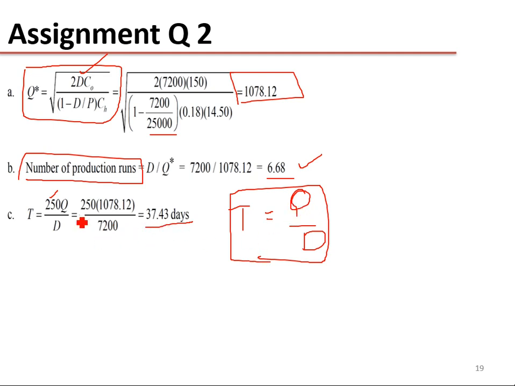Now if you calculate the number of days, this is divided by 250 days, because this demand is for a year which contains 250 days.